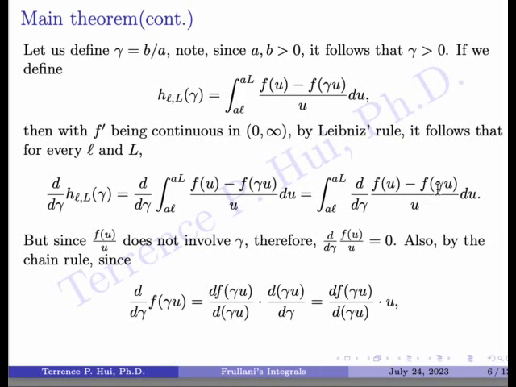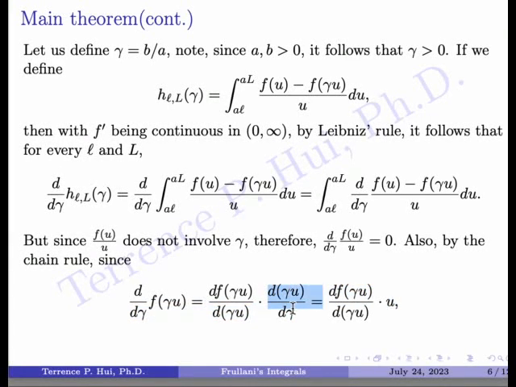So all I have left is just the second piece, which is the derivative of minus f of gamma u over u. Let's work that out. What is the derivative of f of gamma u with respect to gamma? Well, it's the derivative of f with respect to gamma u, df/d(gamma u), times the derivative of gamma u with respect to gamma. Now, let's focus on the second piece.